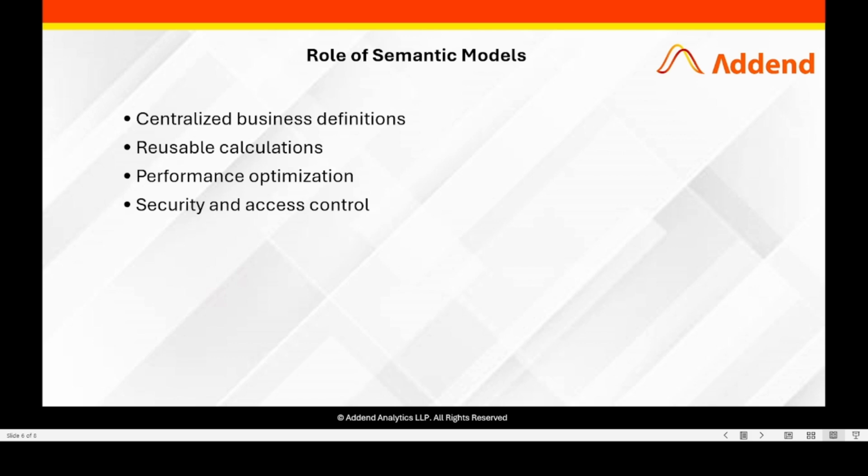Performance optimizations are handled centrally instead of being repeated in every dashboard. Semantic models also enforce security through role-based access control. For example, multiple departments use the same certified dataset, ensuring that KPIs remain consistent across the organization. Without strong semantic models, self-service BI cannot scale reliably.